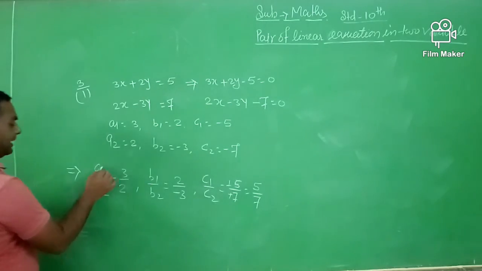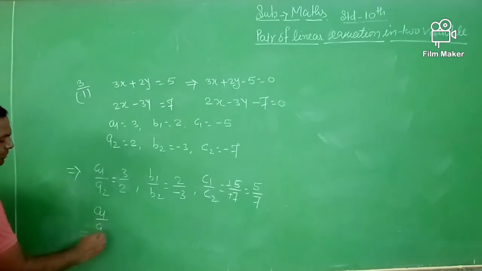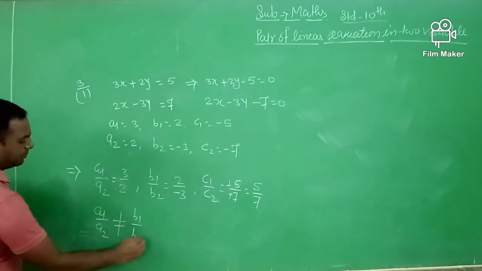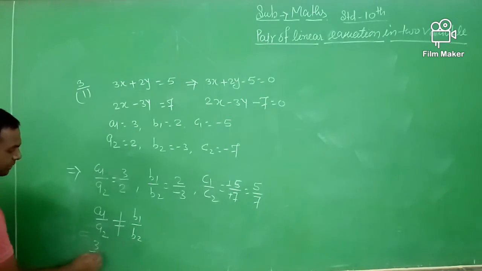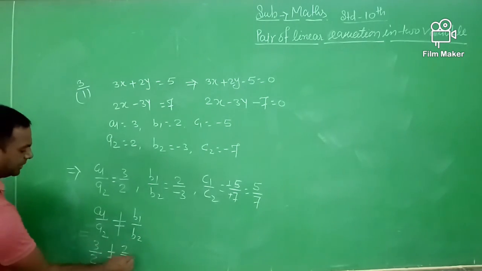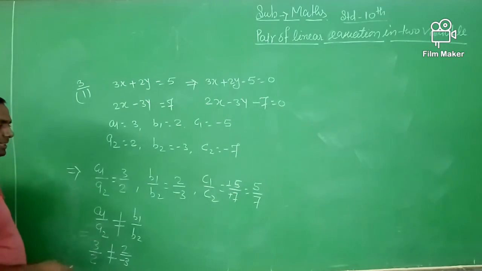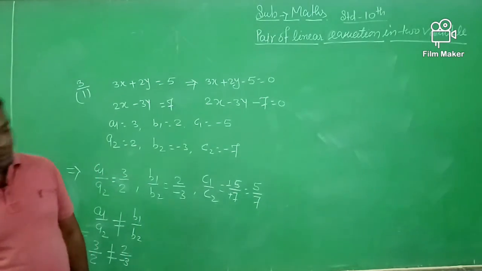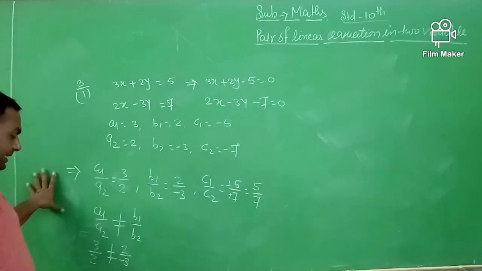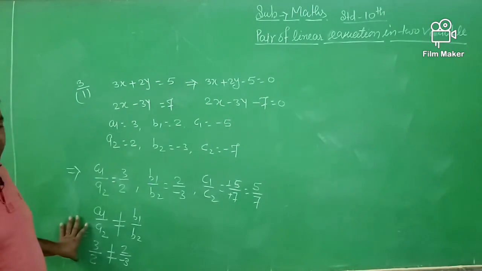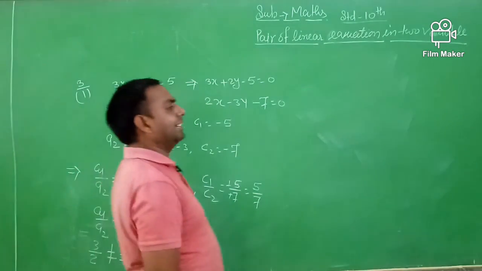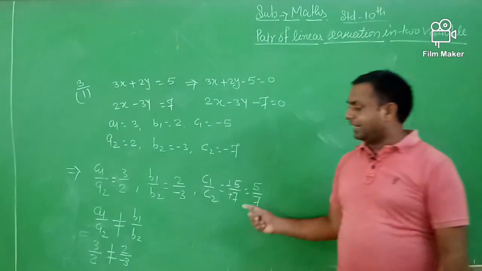Here you see a1 by a2 does not equal b1 by b2, because the value of a1 by a2 is 3 by 2 and the value of b1 by b2 is 2 upon minus 3. It means you can say that if a1 by a2 does not equal b1 by b2, it means lines intersect each other at one point.